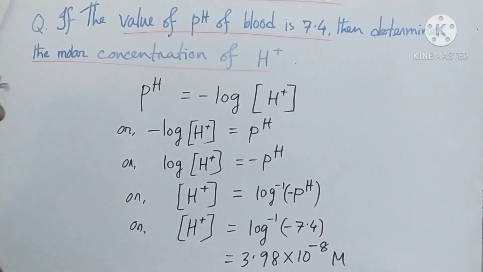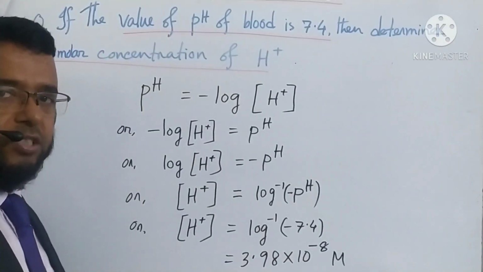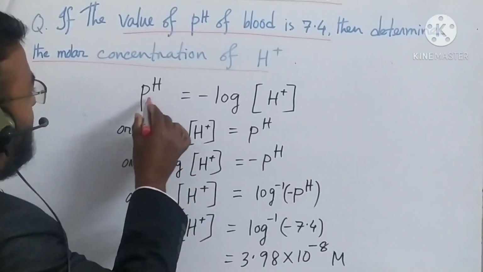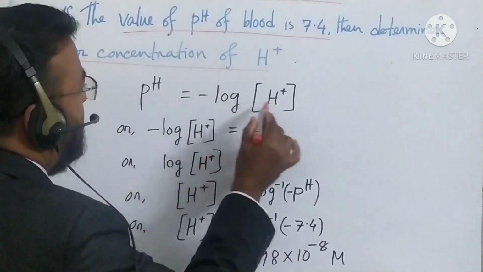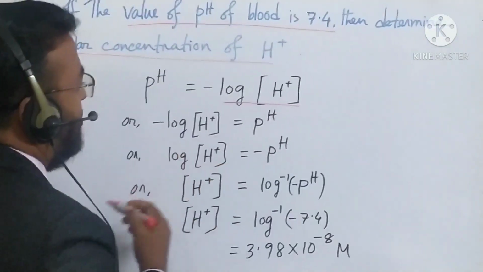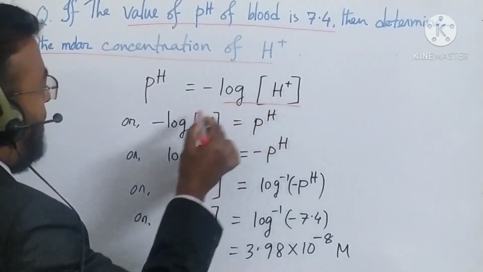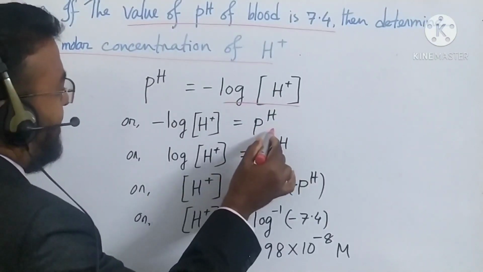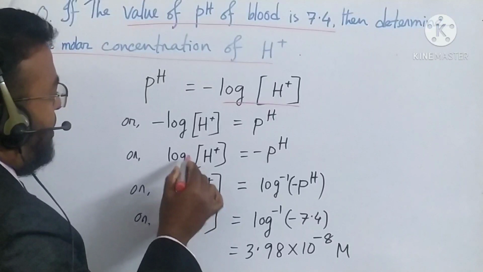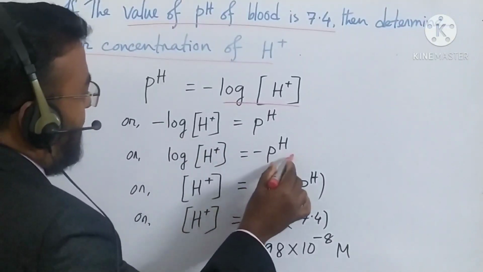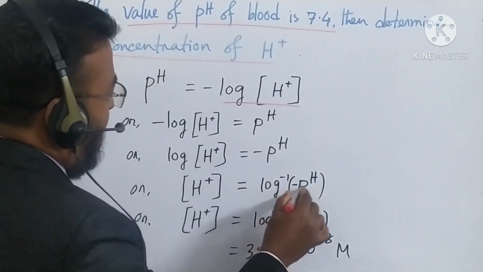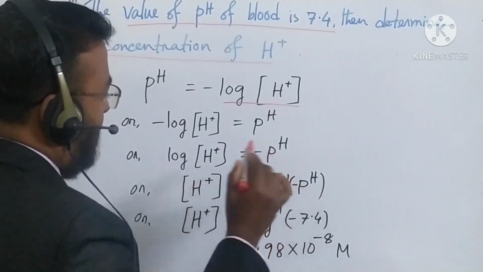Now again I am showing all of you. This is the formula of pH: pH equals minus log hydrogen ion molar concentration. Then I have written this one on the left side and this one on the right side. Since this is minus, I have taken the minus to the right side, so it will be minus pH and the log will be the inverse.